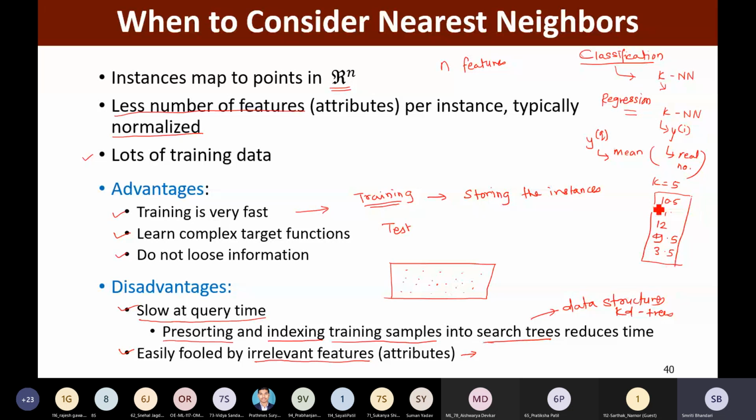If these are the 5 nearest neighbors, then the mean of all those Yi is computed, and that mean becomes my Yq. So the KNN algorithm can also be used for regression. Both predictions are possible, classification as well as regression.